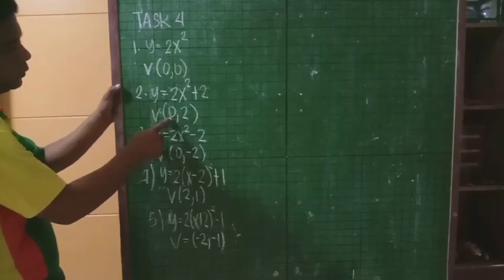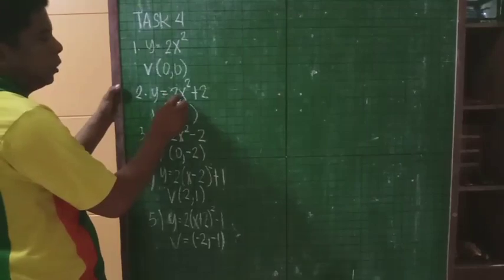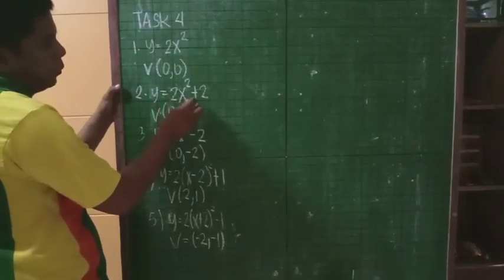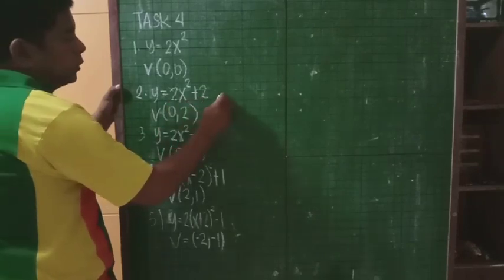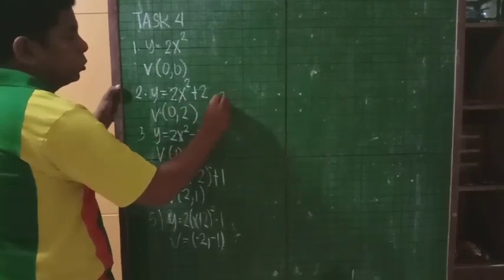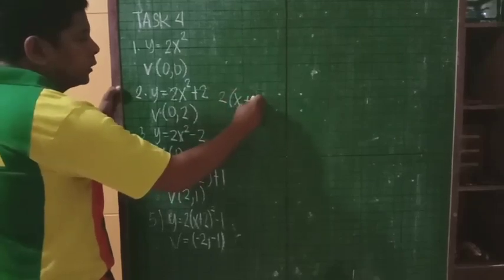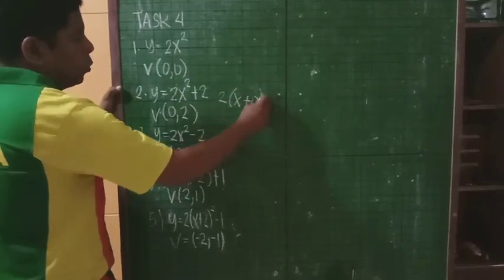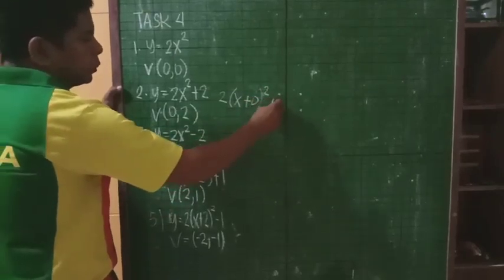So in this case, why is the vertex (0, 2) in number 2? Simply because, if we convert this into vertex form, that is equal to 2 times the quantity of x plus 0, quantity squared, plus 2.